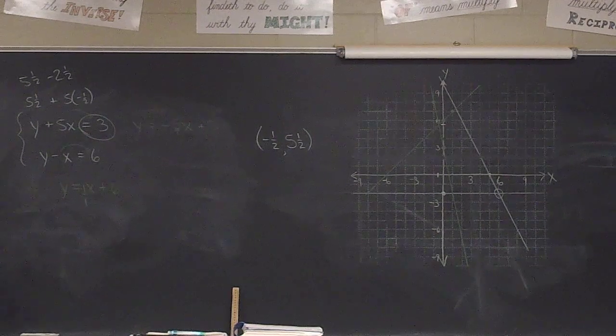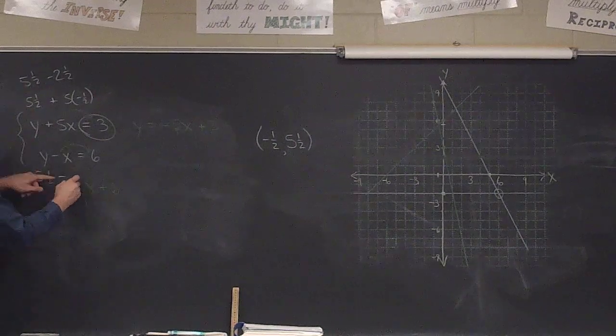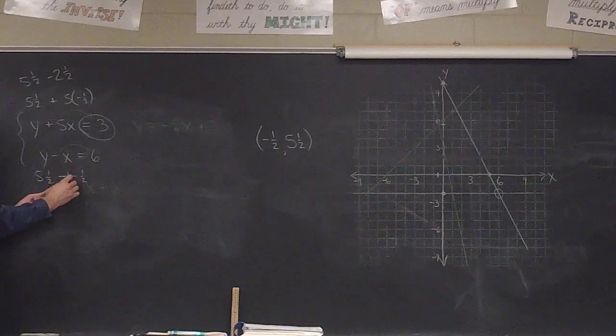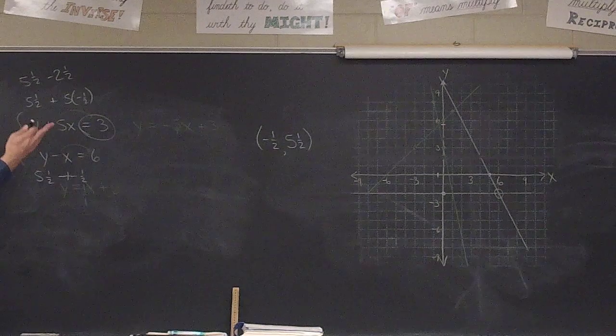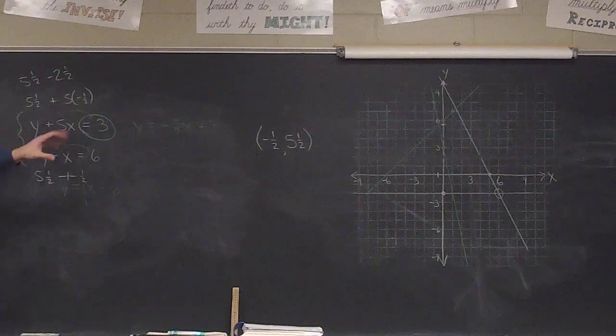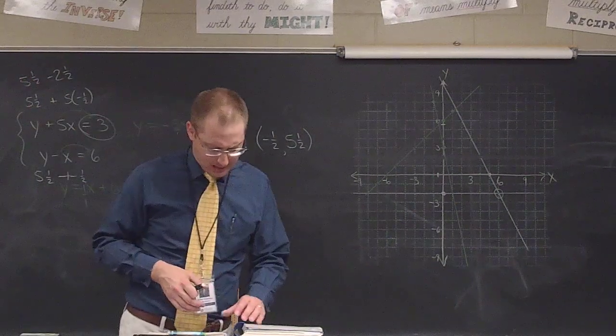Five and a half take away 2.5, are you left with 3? Yeah, okay. How about this? We said 5.5 minus -0.5. Well, minus negative always means plus, right? So 5.5 plus another half equals 6. All right, there we go. So we've checked that, yes, indeed, my answer really is -0.5, 5.5. Questions on this? Kind of a weird answer there, isn't it?